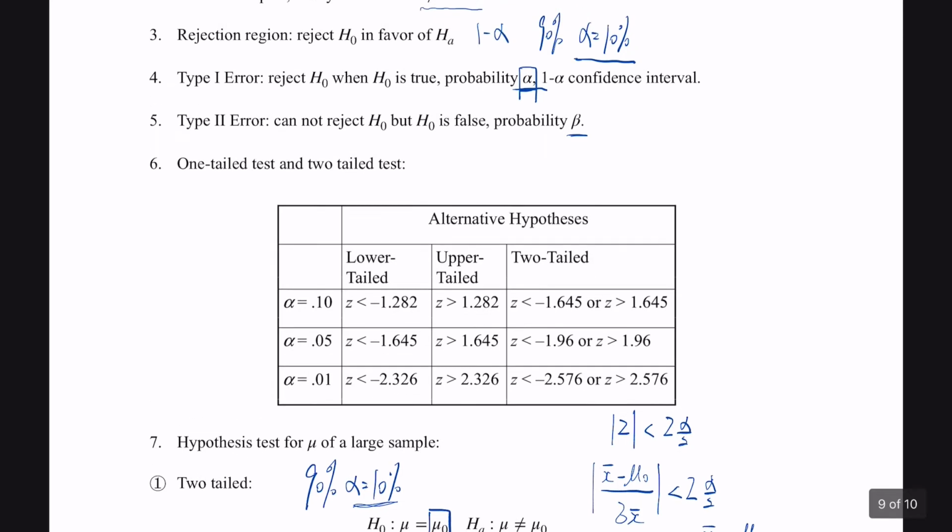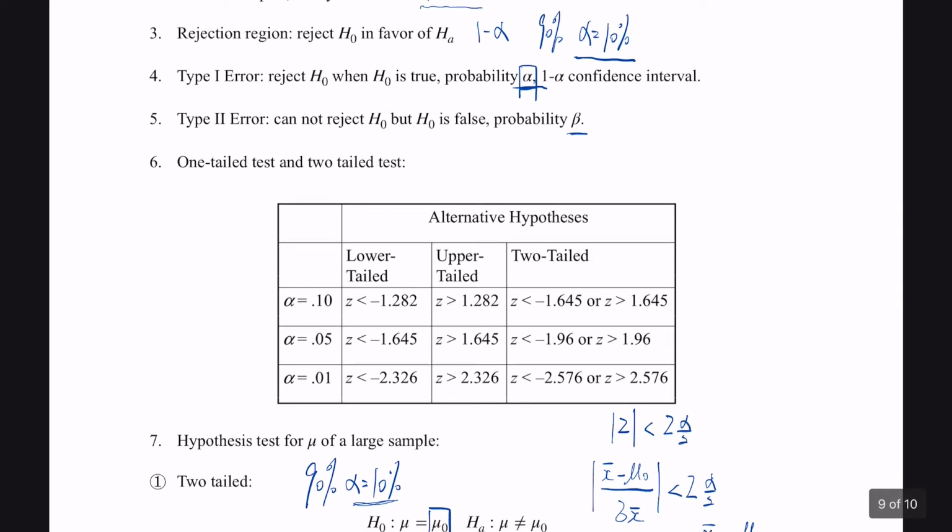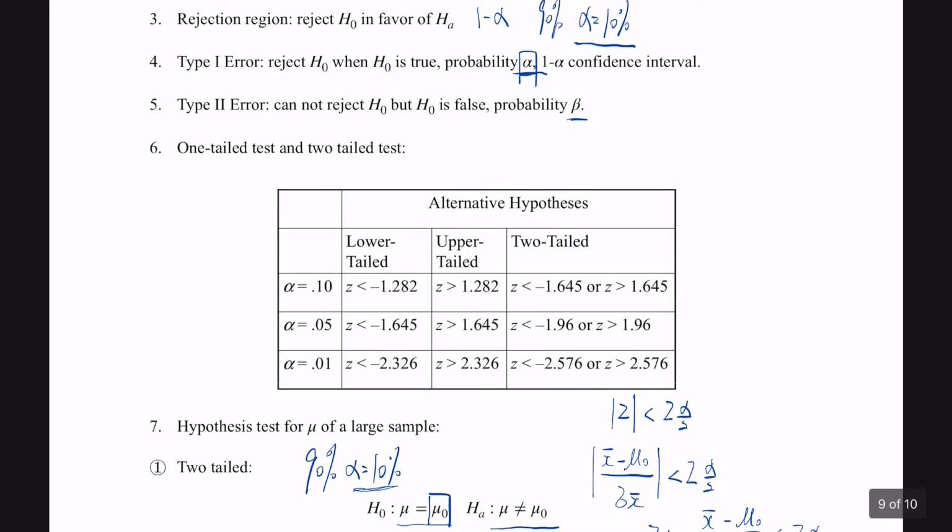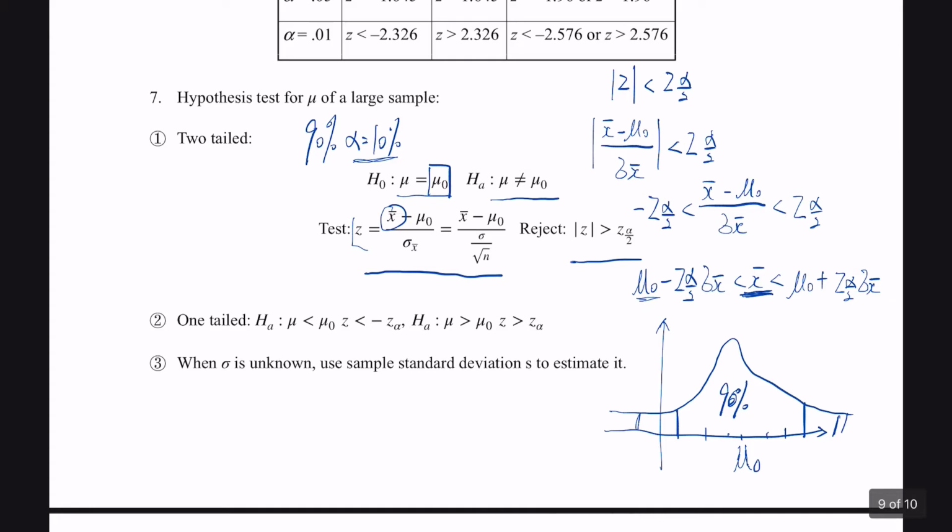And come back to the type 1 error. The type 1 error says we reject the null hypothesis, but the null hypothesis is true. So in this graph, if the only sample mean we get lies outside the 90% range, somewhere here, we would reject our null hypothesis, right?